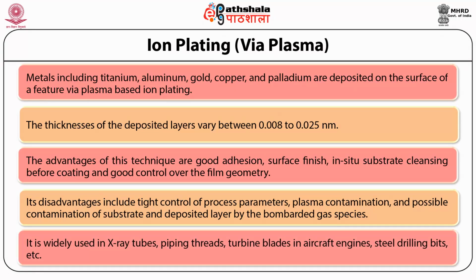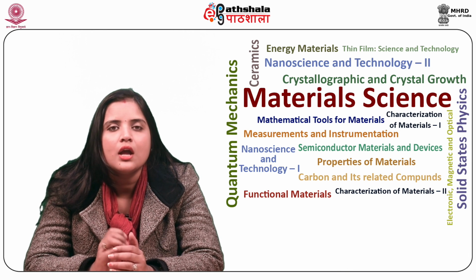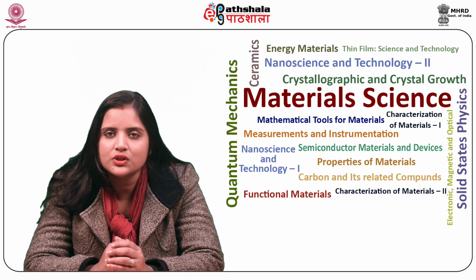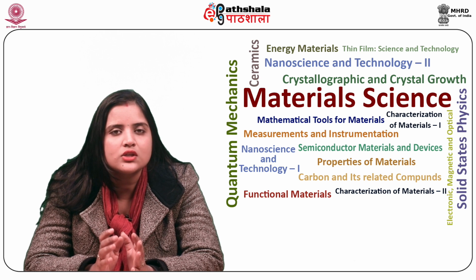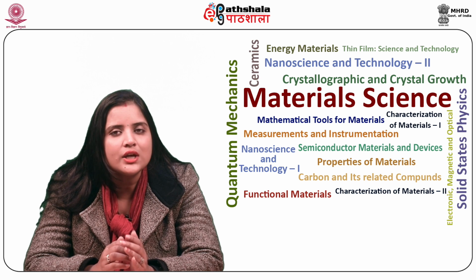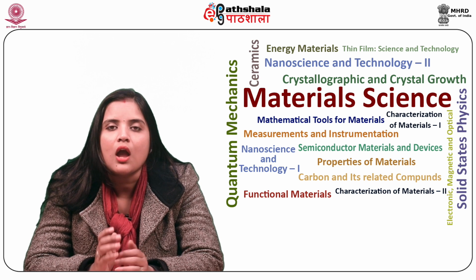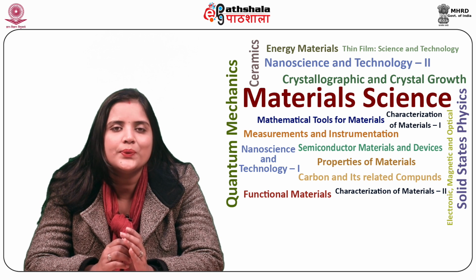It is widely used in X-ray tubes, piping threads, turbine blades in aircraft engines, steel drilling bits, etc. Before performing the experiment, the reaction chamber is evacuated at a pressure of 10^-4 to 10^-7 torr range. Then, the heating element is turned on and, with a constant flow rate, carrier gas is introduced into the chamber.